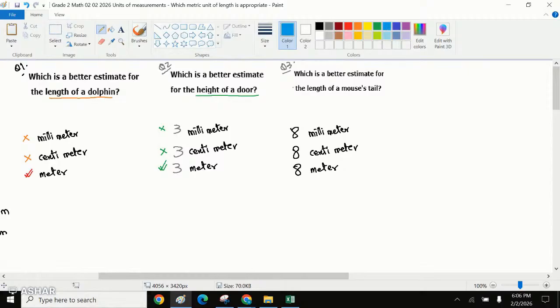What is the better estimate for the length of a mouse tail?